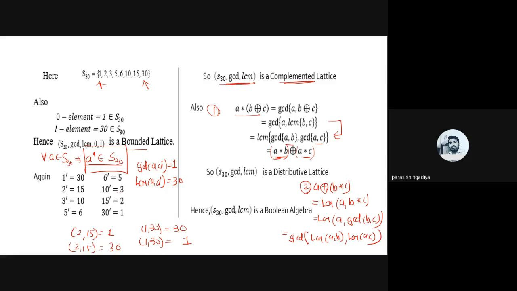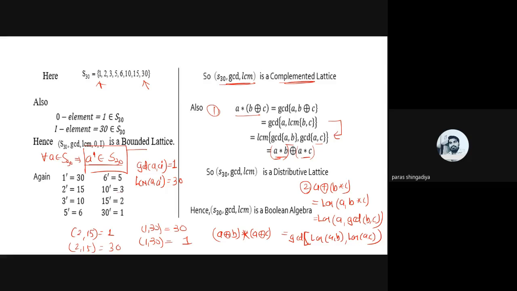So we get GCD of LCM of A comma B, and LCM of A comma C. That is equal to A ring sum B for the first bracket, and the second bracket A ring sum C, combined by using GCD, so use star here. Clear? So it is the proof of the second one.